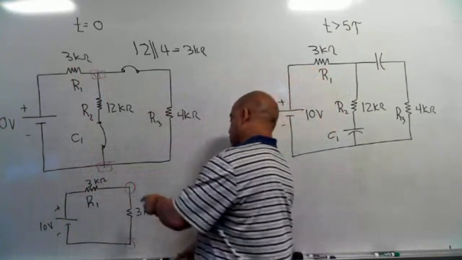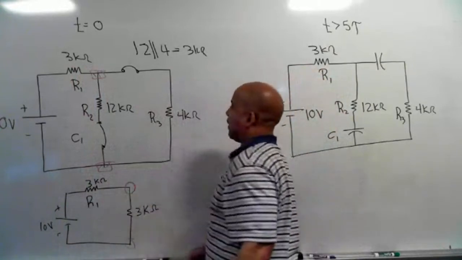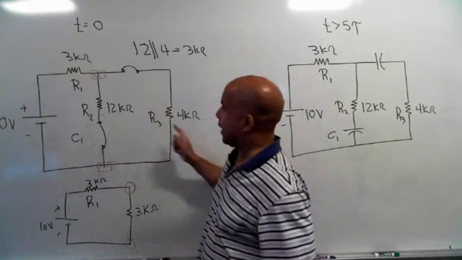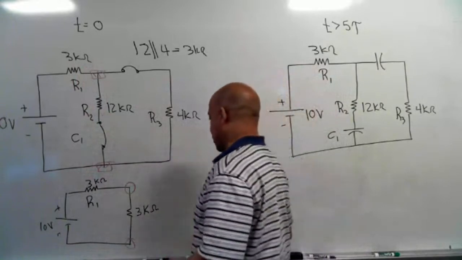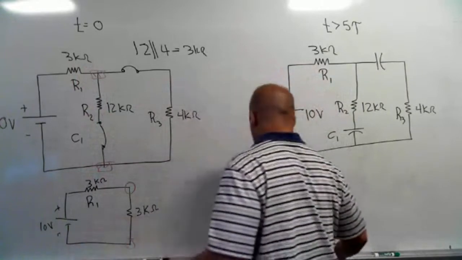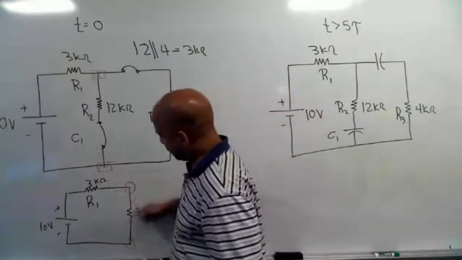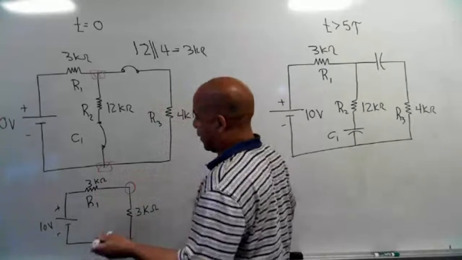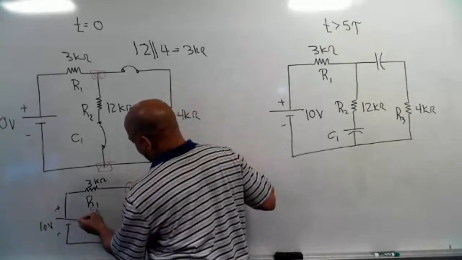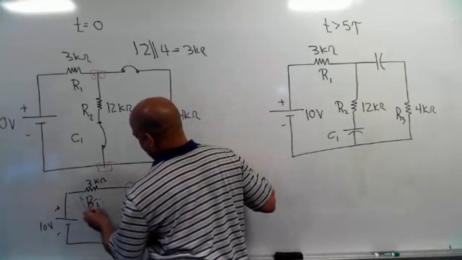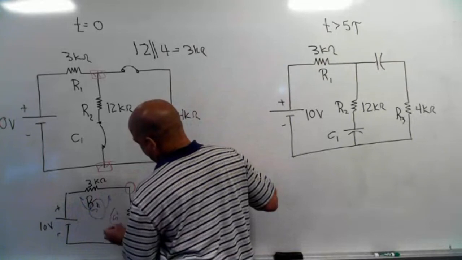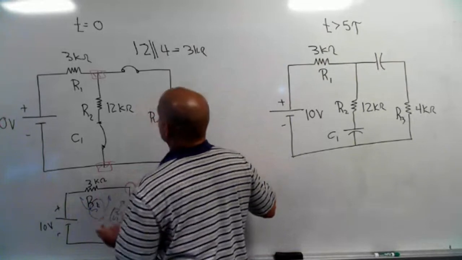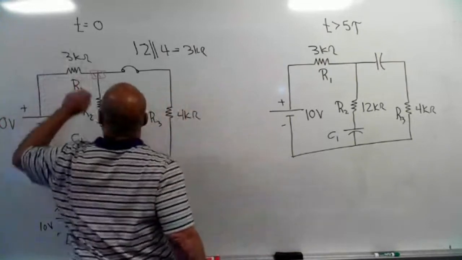If I find the voltage across these two, then I've found the voltage across R2 and R3, and that's exactly what I want to know. I can easily see from the circuit that since both of these are the same value, each one's going to get the same voltage, so it has to be 5 volts. So I've got 5 volts across this one, 5 volts across that one.